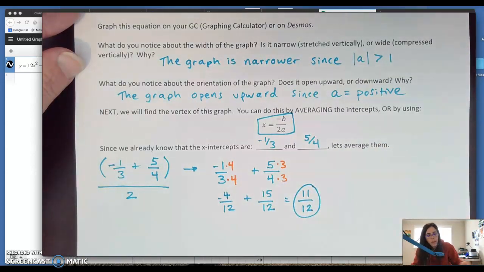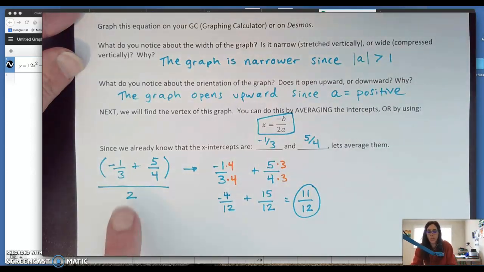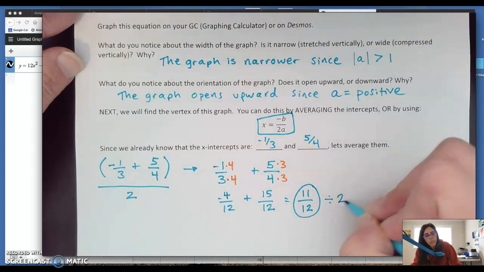But I am going to use my calculator and see if we can come up with the decimal version, since that's what we'll look for on the graph. So I'm going to go 11 divided by 12. Okay, so 0.916. All right, so now we need to make sure that we do this part, which is divided by 2. So I have 11/12, and now I need to divide that by 2.